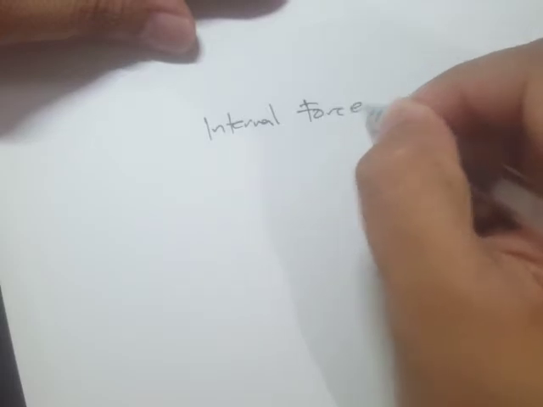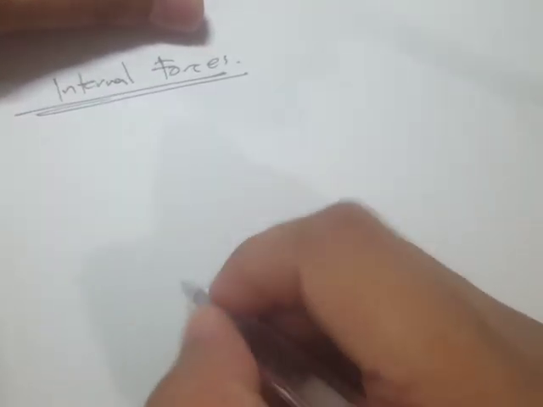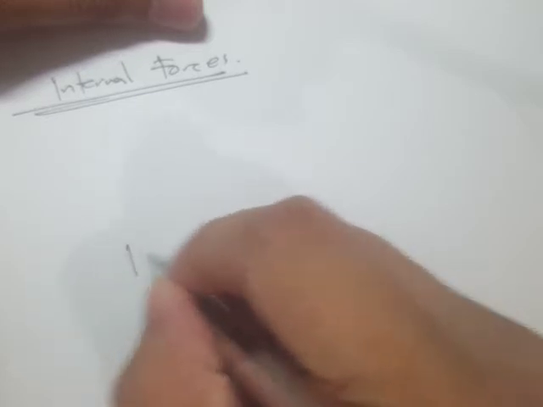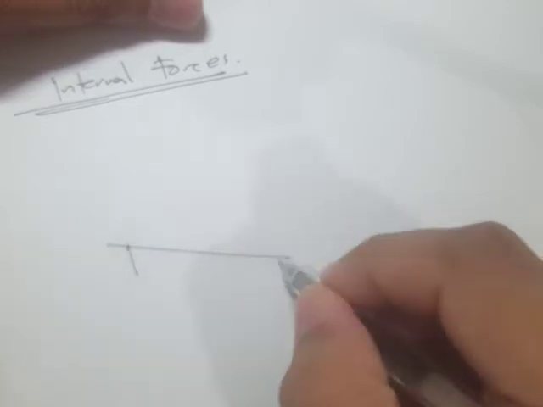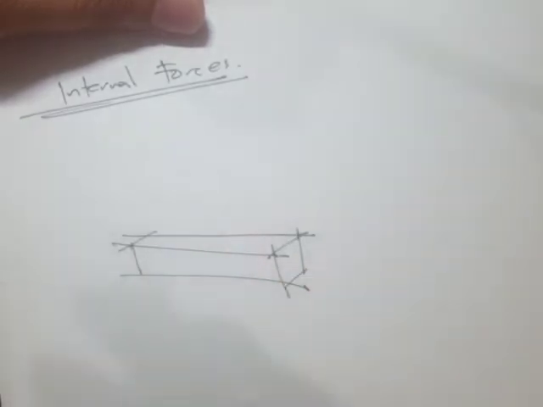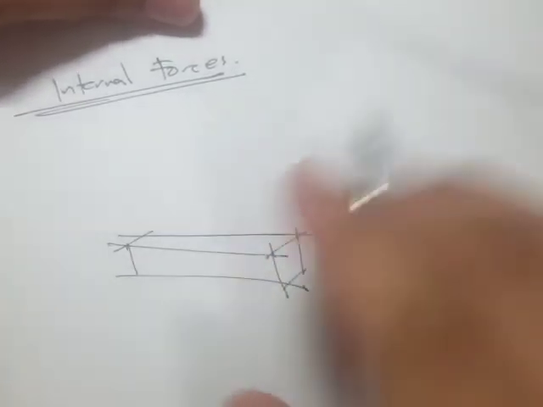Now let's move on to the topic about internal forces. The flow chart is that if we have this body right here, let's say an arbitrary body, but it has a regular shape.